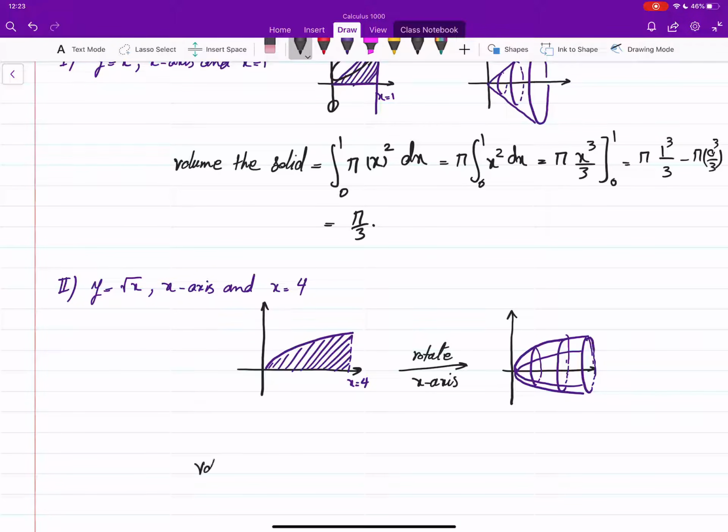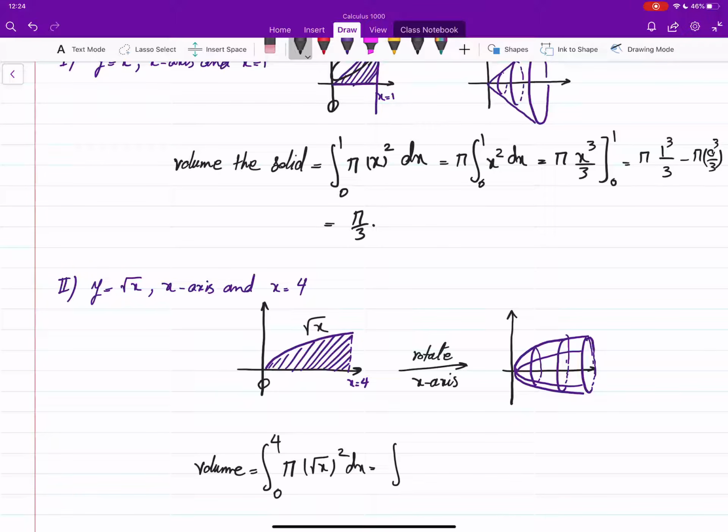And what is the volume? The volume is going to be the integral from 0 to 4 of pi f of x, here root x, so root x squared, dx.